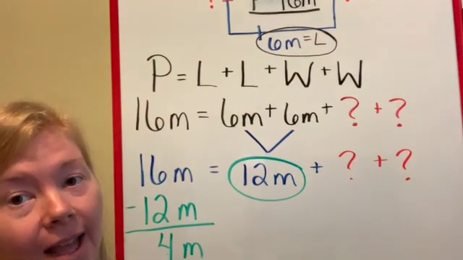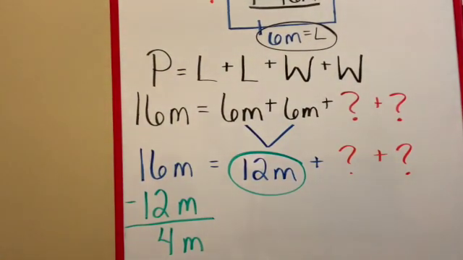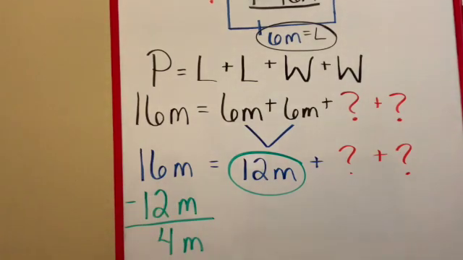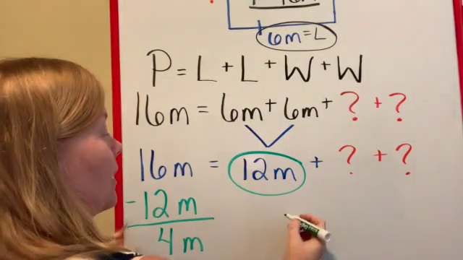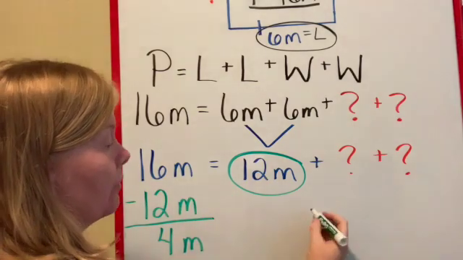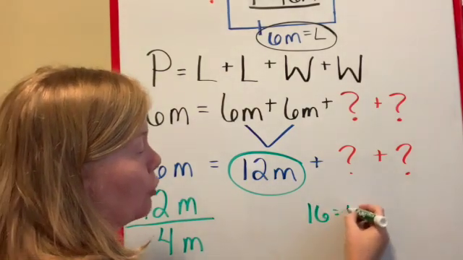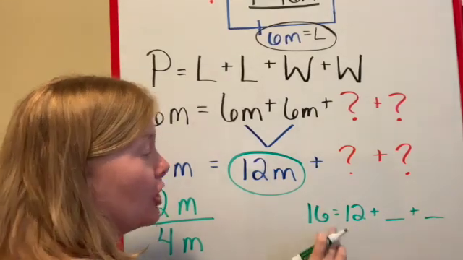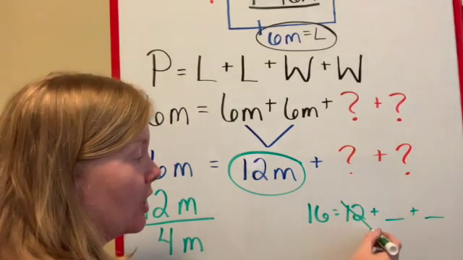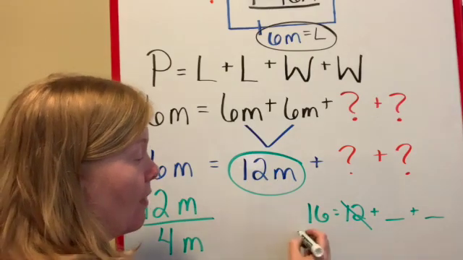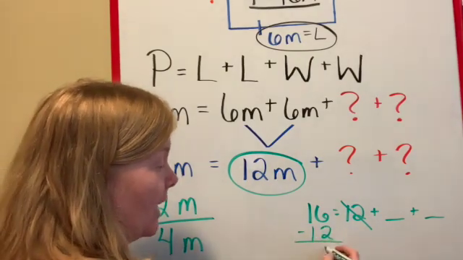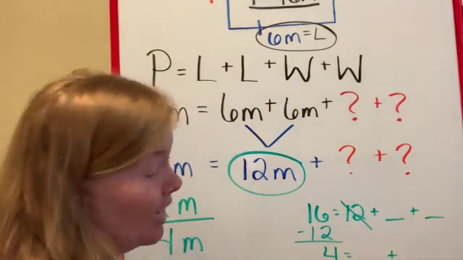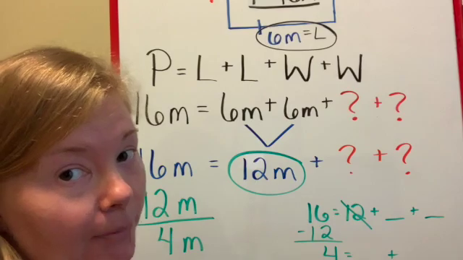All I did was move this over here and subtract it, because I know that if 16 equals 12 plus something, I just want to get rid of the 12 for just a minute, and the way I get rid of the 12 is by subtracting it from the 16. And now I'm left with 4 equals something plus something, and then it gets a whole lot easier.